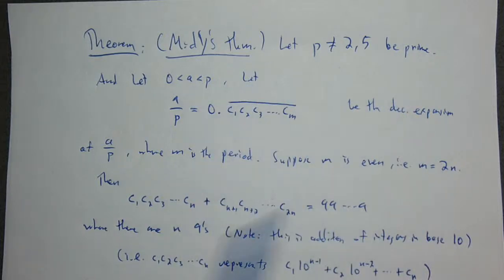There's versions of Midy's theorem not just for base 10, and I should say that when you're talking about properties of decimal expansions, a lot of the stuff you want to say, of course, carries over to other number bases, and you might even see exactly how that works already just from the role that 10 plays in these proofs.